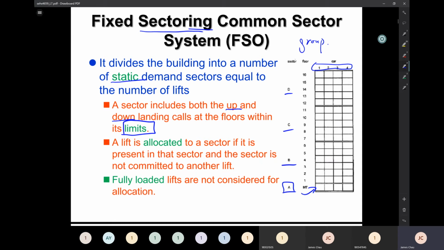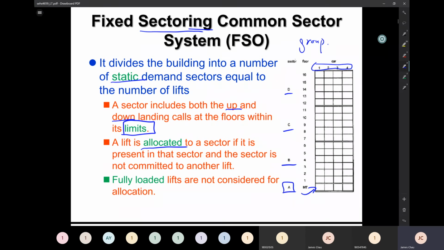Okay. In each of the zones, a lift is allocated to it. And the lift will serve any call in this zone. And this zone will not normally be served by another lift.